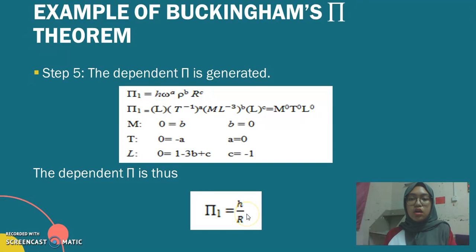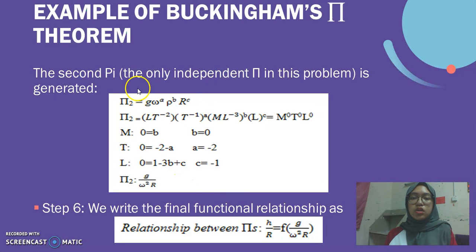Next, we're going to solve for the second pi. Change the constant to the second dependent variable, which is the gravitational acceleration, and the rest is the same. List down the dimensions and compare to M to the power of 0, T to the power of 0, and L to the power of 0.